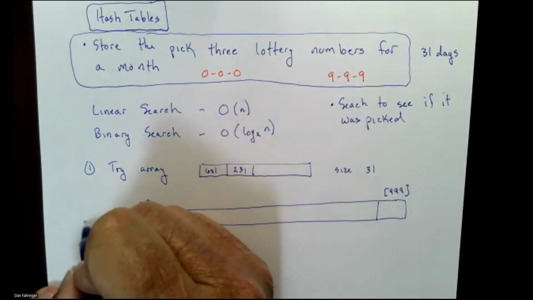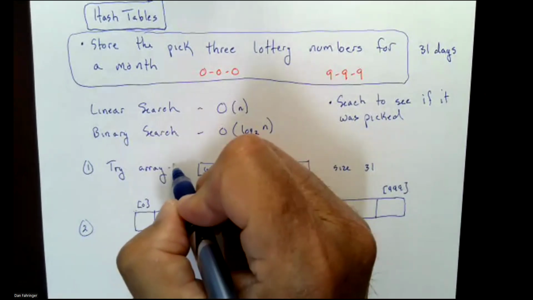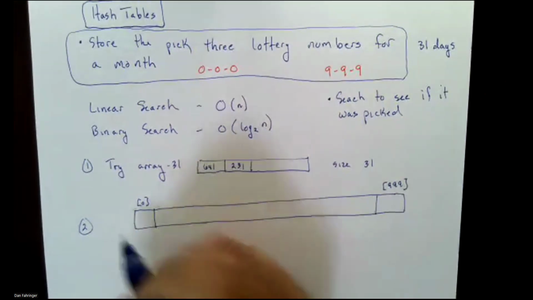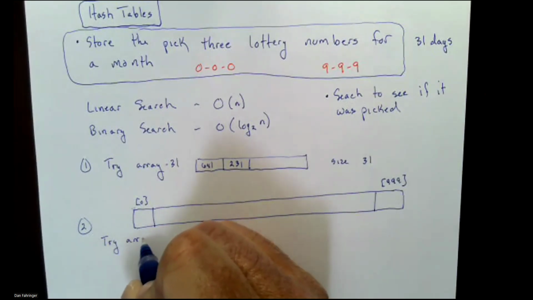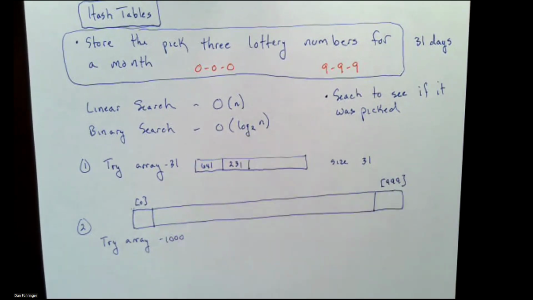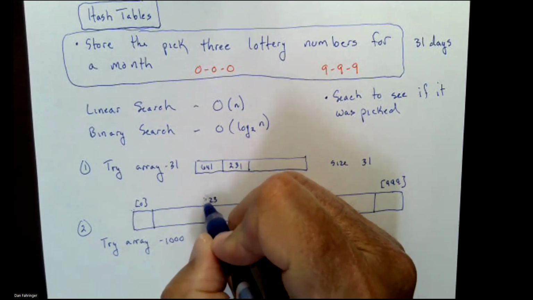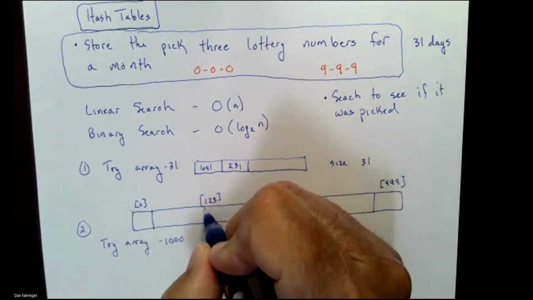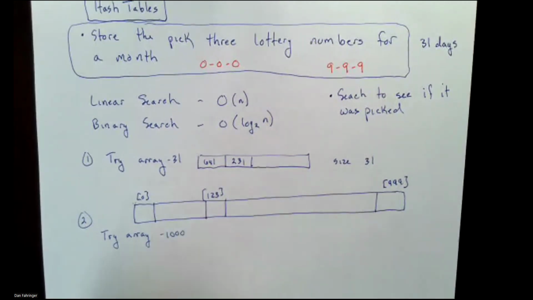Let's try this array, instead of an array of size 31 up here. Now I'm going to try an array of size 1,000. And boom, my number 123 was picked. This is a new way. I'm going to go here to 123 and say, hey, it was picked.